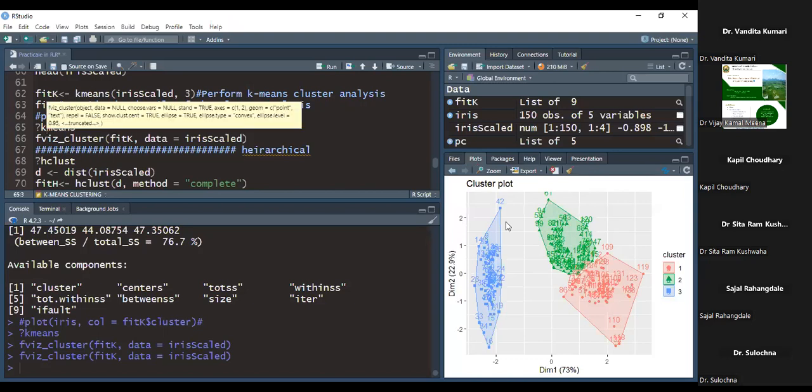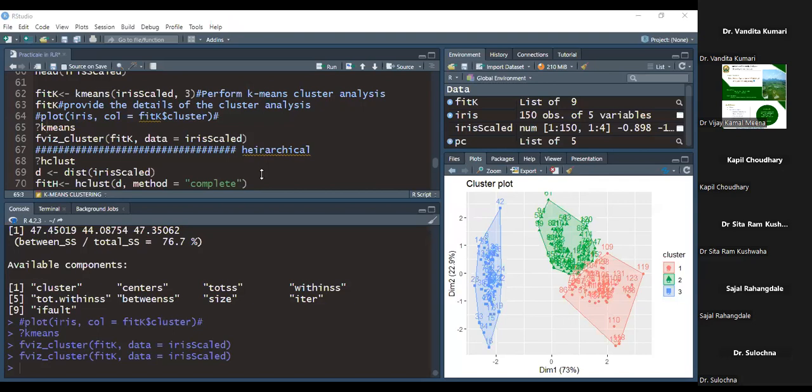Yeah, so this is the cluster plot. Here you can see that distinctly we have 3 clusters: cluster 1, cluster 2, and cluster 3. So data has been plotted in the form of 3 clusters. In k-means clustering, we assumed 3 clusters, and clearly we can see there are 3 clusters over here.